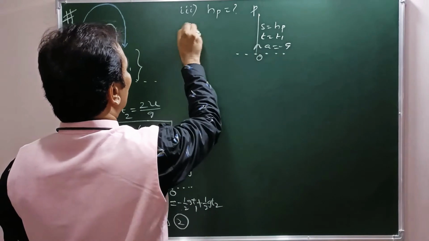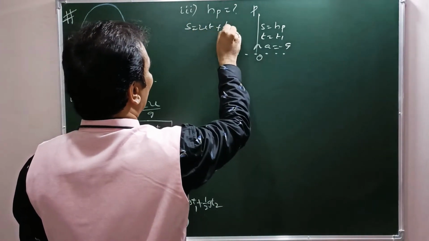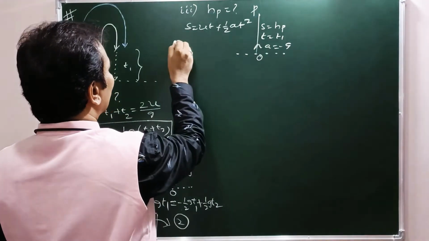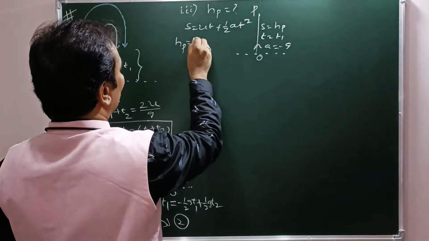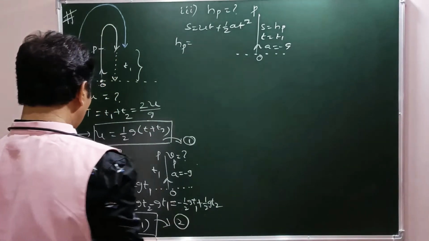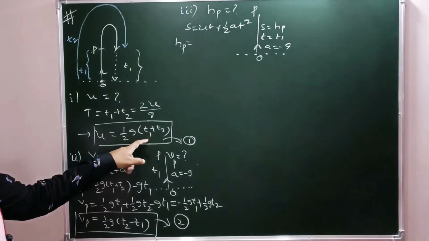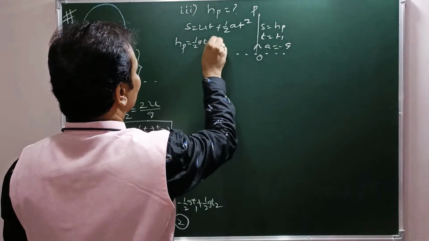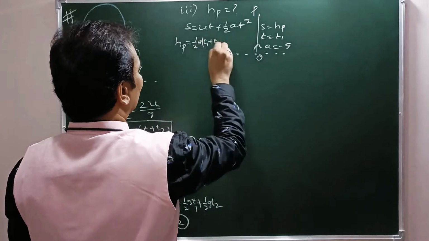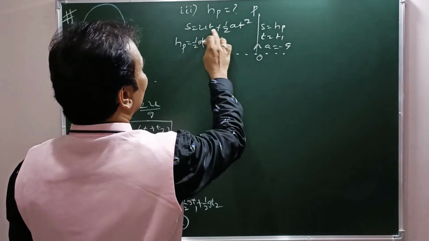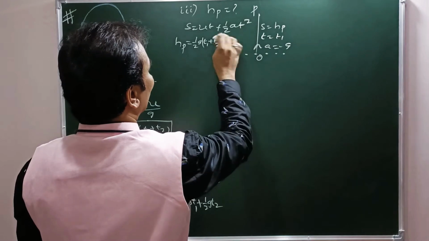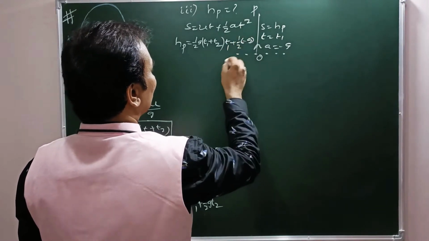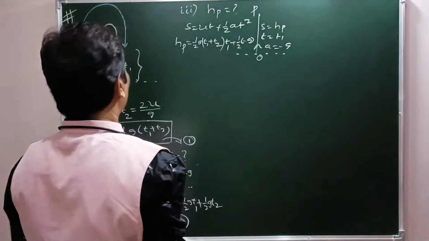Now take S equal to UT plus half A T square. S means height of point P, HP equals U, which is half g (T1 plus T2), into T, which is T1, plus half into A, which is minus g, into T1 square.